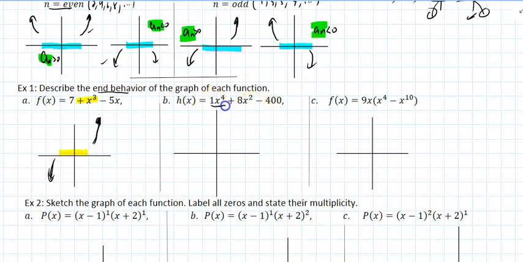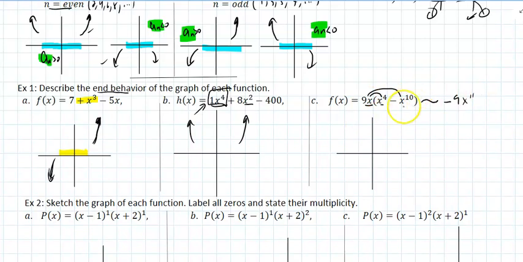How about this? Well, let's see. X to the fourth, x squared. So this is the leading term. X to the fourth, they all look like a parabola, if that's positive. Here, they're trying to kind of throw you off because there's an x there, and if you distribute that, isn't that x to the fifth? If you distribute that, so we put a squiggly line saying the dominating term is negative 9x to the 11. Do you see that?